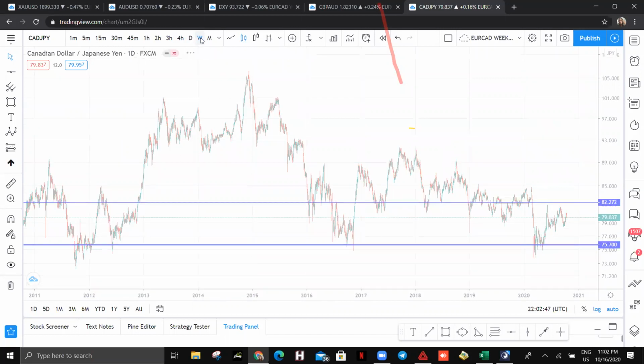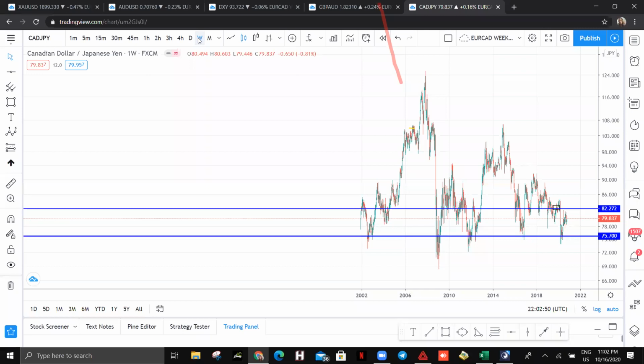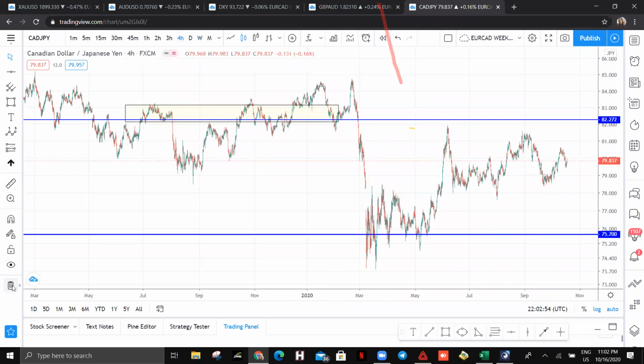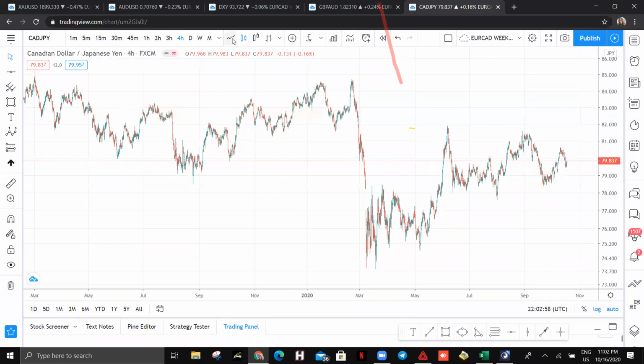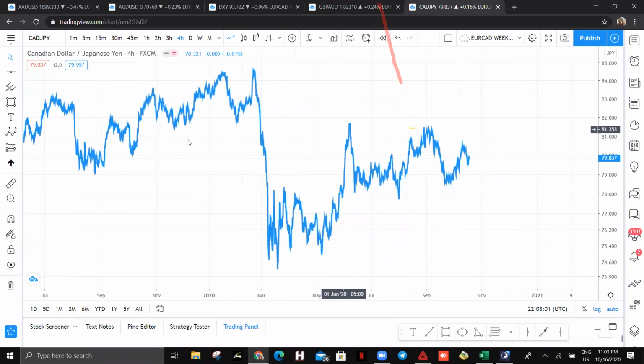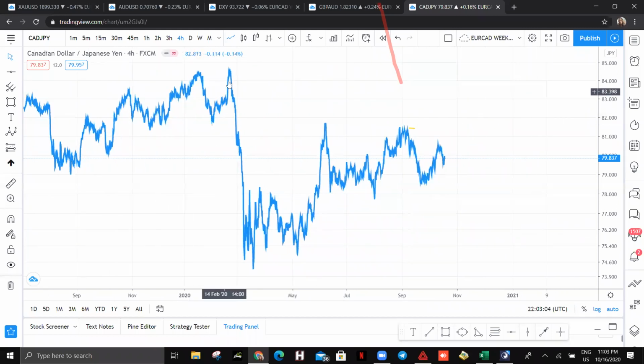I want to see where I analyzed it. Let me delete it. This is the closest one here. Drop, drop. This is the most recent drop here. So you take it up from there, you draw your zone.